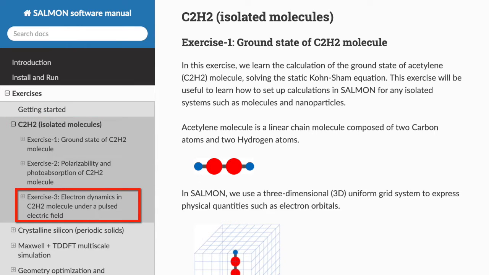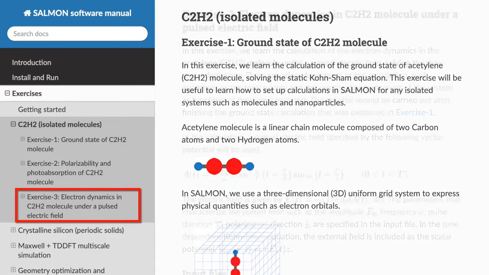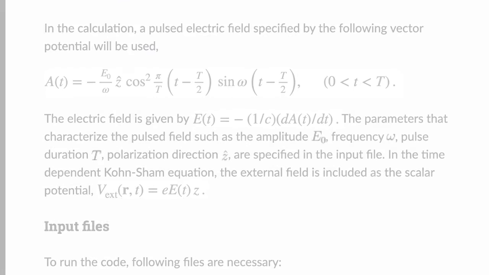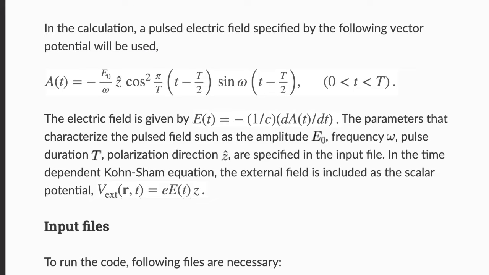Here we perform the calculation for Exercise 3, Electron Dynamics in C2H2 molecule under a pulsed electric field. The function obtained by differentiating the vector potential of this formula over time is used as the electric field applied to the molecule.